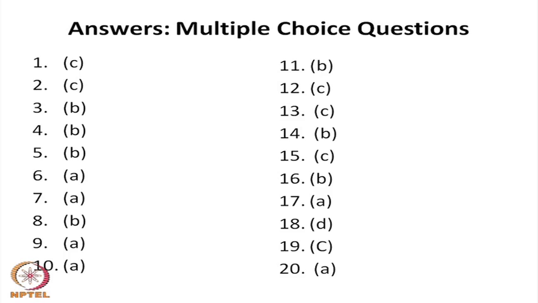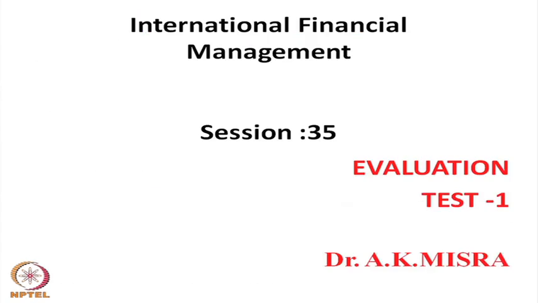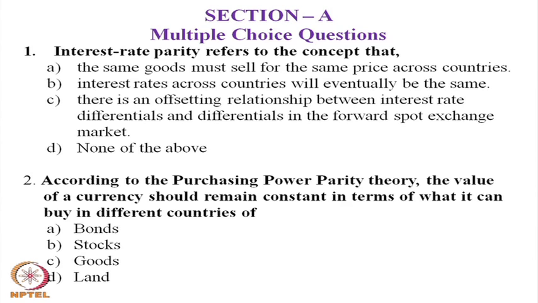The question is: interest rate parity refers to the concept that, your answer is C. Interest rate parity means there is an offsetting relationship between the interest rate differential and the differential between spot and forward exchange market.